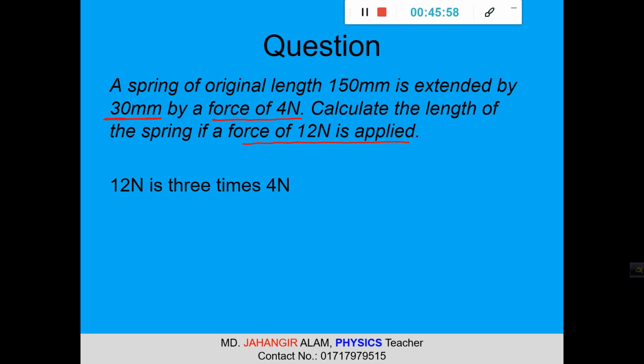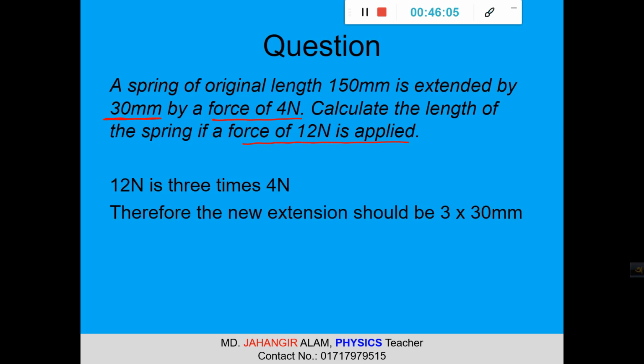Hooke's law states that if force increases by 3 times, then extension will be 3 times. So the new extension should be 3 into 30 millimeter. Very tricky. That's why Hooke's law is important. We can predict the extension if the object is perfectly elastic. So the answer will be 90 millimeter.